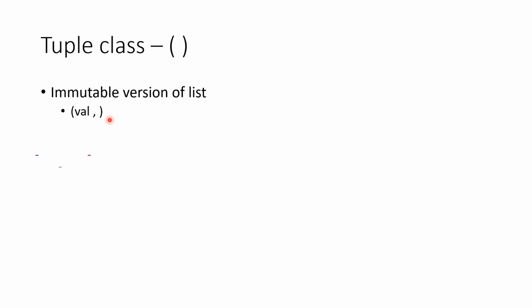Now, let us look into one small illustration of the use of the tuple class. Tuple has a default constructor since it's a class. When the default constructor is invoked, it returns an empty tuple. An empty tuple is represented with empty parentheses.